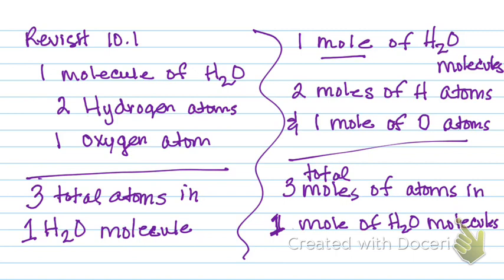Just think of it as when we have 1 molecule, there's 3 atoms that make up that molecule. When we have 1 mole of molecules, that still means we have those 2 moles of the hydrogen atoms and we have 1 mole of oxygen atoms, okay?